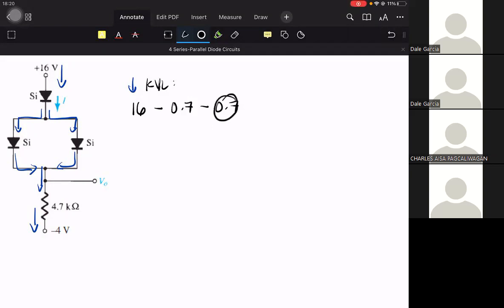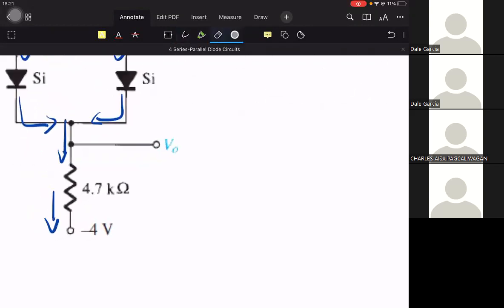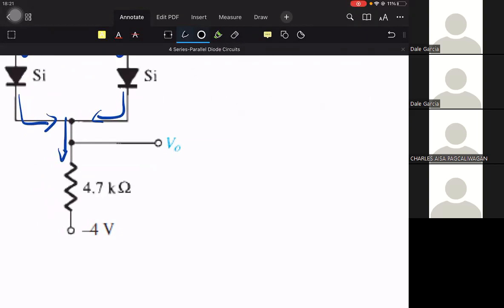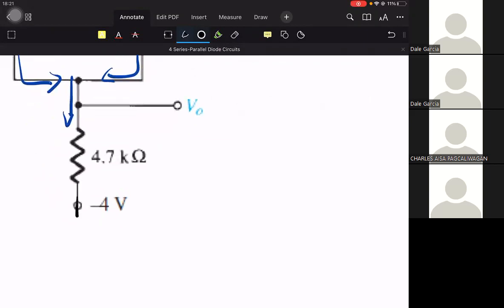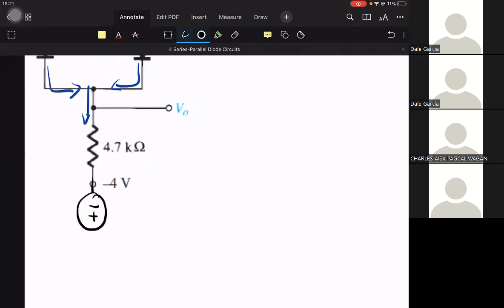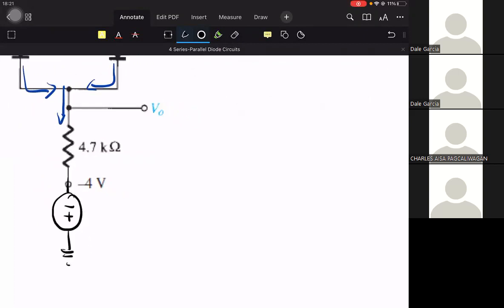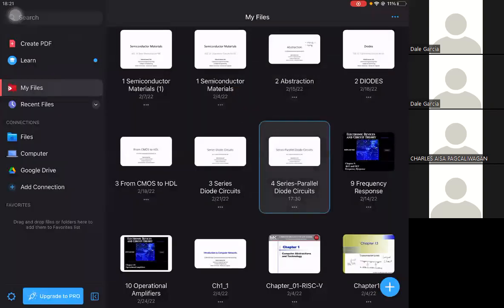This 0.7 is from this silicon diode. 16 minus 0.7 minus 0.7 minus current ni load 4.7K plus 4. Plus 4 na siya because if ato nang i-replace ang symbol, negative part ang nakakonekta sa resistor.